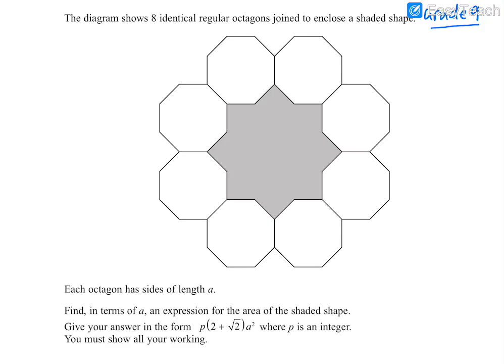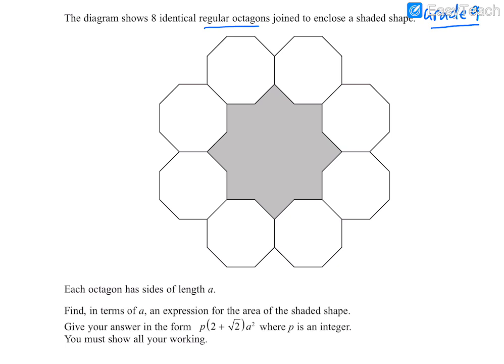Okay, so looking at this grade 9 question, you will see that you need knowledge of many topics in this question. So let's make a start. It says the diagram shows 8 identical regular octagons joined together to enclose a shaded shape.